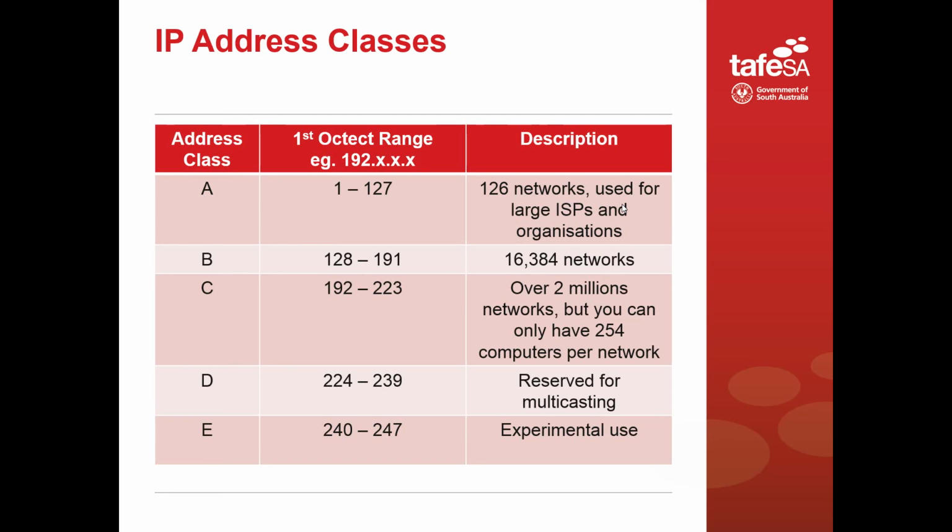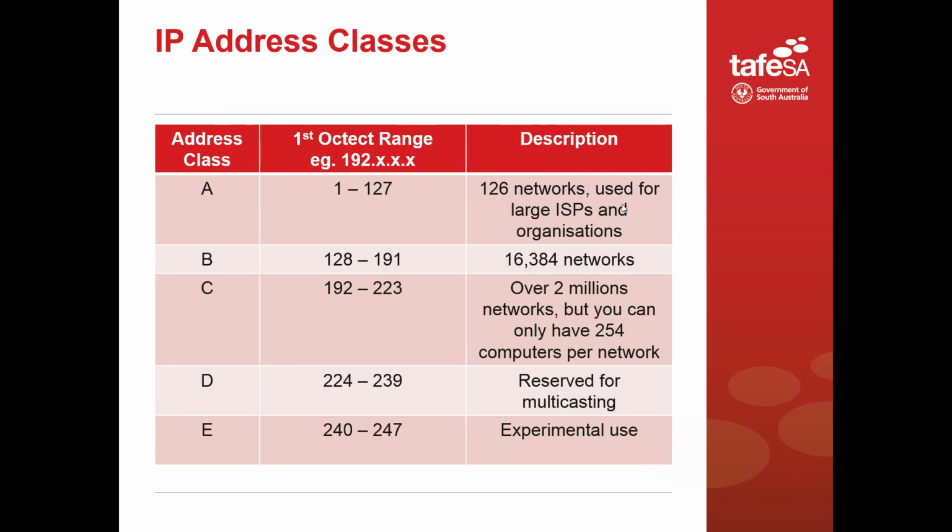Now the Class B addresses are from 128 to 191, and those are broken up a bit more to give us over 16,000 networks. The Class C addresses are broken up into smaller ones. I'll explain how that's done later. That gives you over 2 million networks.